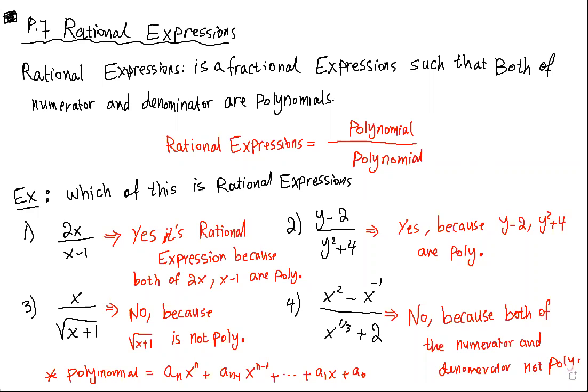Any questions so far? So now we learn what a rational expression looks like: a fraction such that the numerator is a polynomial and the denominator is a polynomial. Any questions so far, before we go to the next slide?